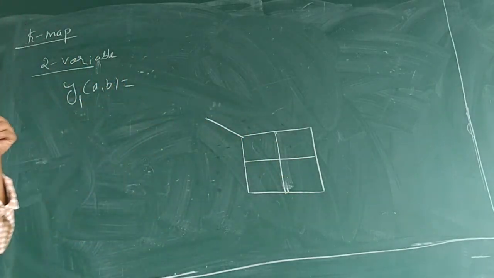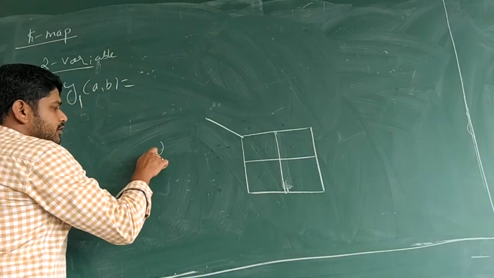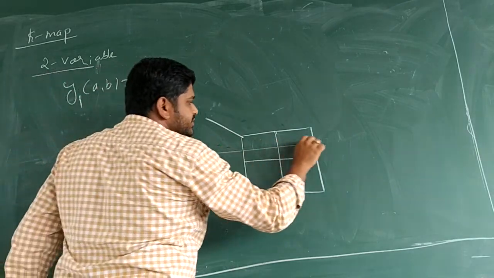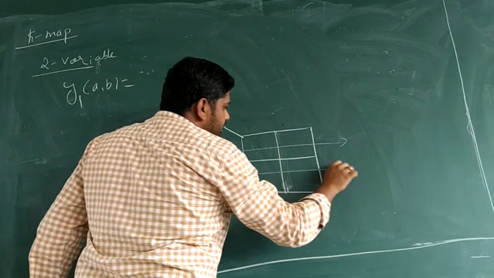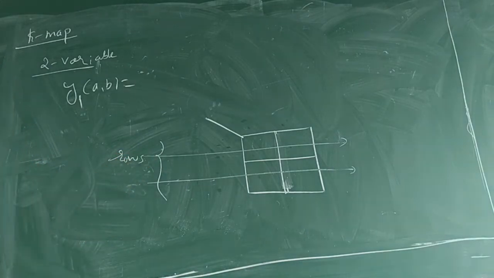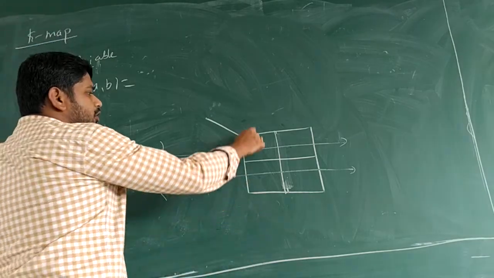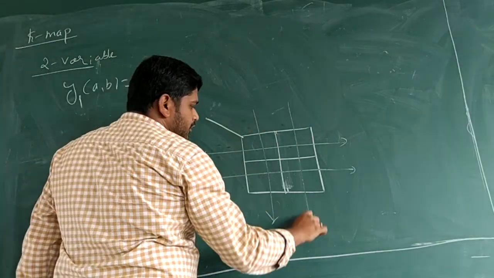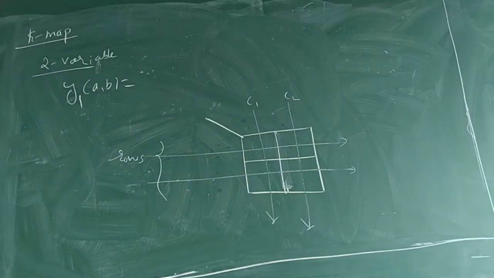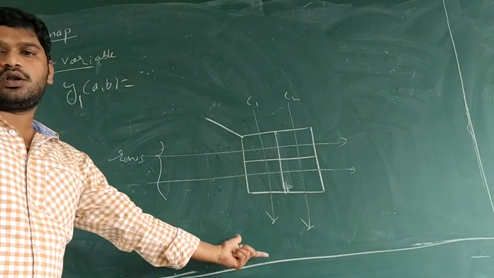That is the reference. Here we will mention this section. What do we call these in mathematics? We call them rows. So there are 2 rows. How many columns? Column number 1 and column number 2. So there are 2 rows and 2 columns.